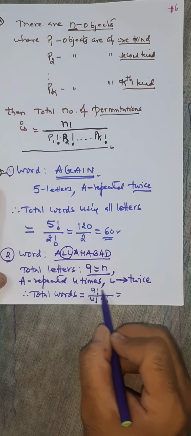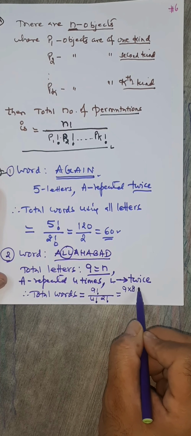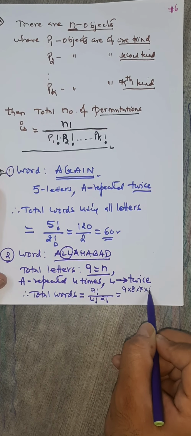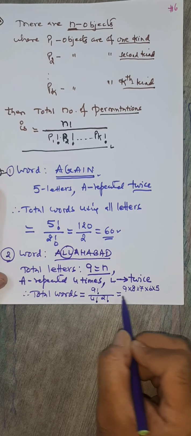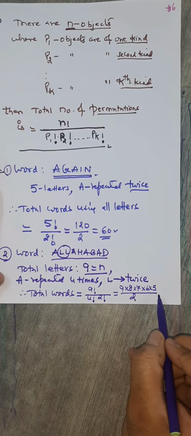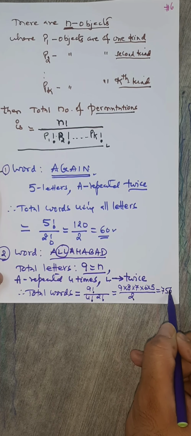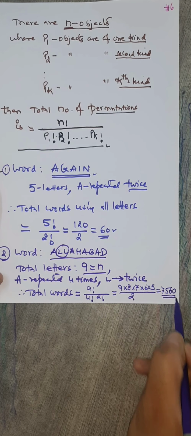How to simplify? Take 9 down to where? Down to 4: 8 into 7 into 6 into 5, 4 factorial cancels, upon 2. So you have here 7560. Just simplify.